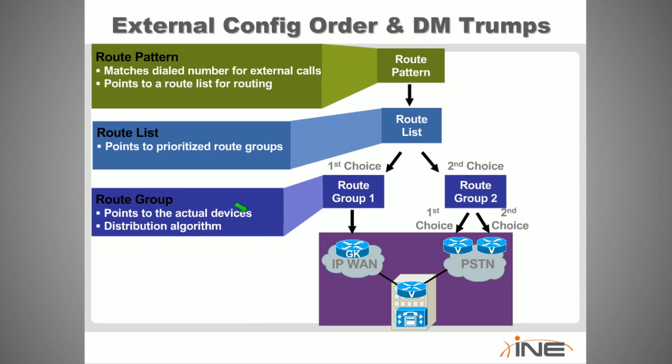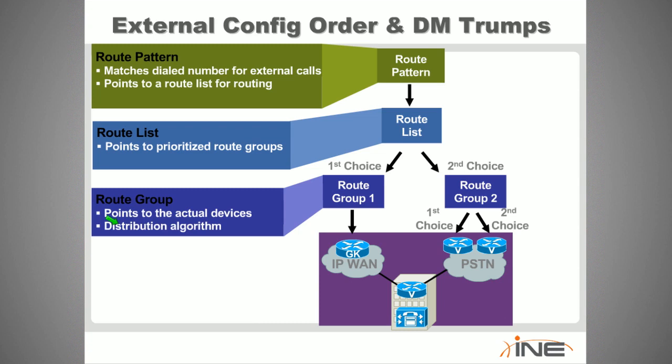Easy enough. Route groups point to the actual devices, whether that's a gatekeeper-controlled trunk, a SIP trunk, a non-gatekeeper-controlled trunk, or ICT, H323 gateway, MGCP gateway, whatever. They also contain distribution algorithms.